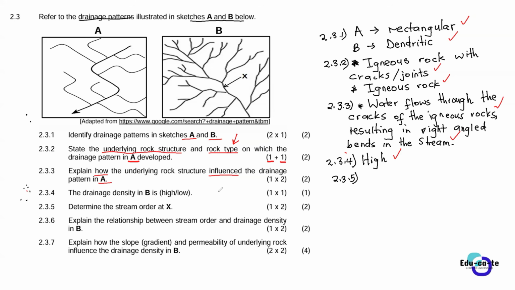And then 2.3.5, the stream order. You guys have to count the stream order one by one. Let's count, guys. The stream order at X. That's another stressful thing, but you guys can do it. You combine the first order streams, you get the second order streams, and then it's 4.